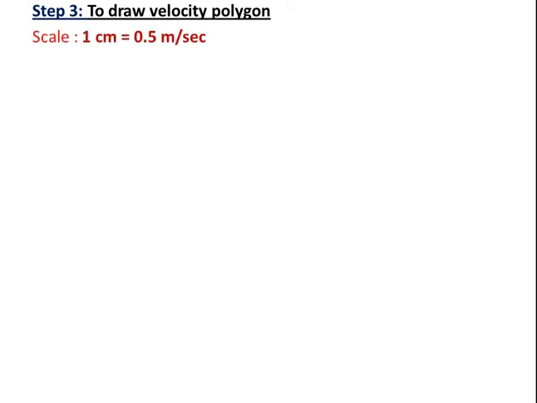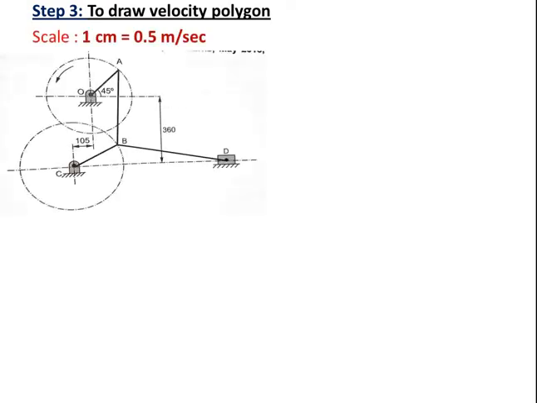Now step number 3, to draw the velocity polygon. This is the configuration diagram which we have drawn with the 0.5 meter per second scale. With this as a reference, we have to draw the velocity polygon. One more thing I would like to tell you is that in a sketchbook or on your page, you can draw the configuration diagram, velocity polygon and acceleration polygon at any locations.